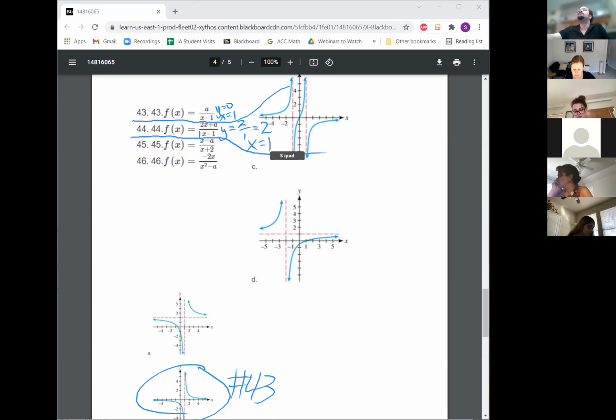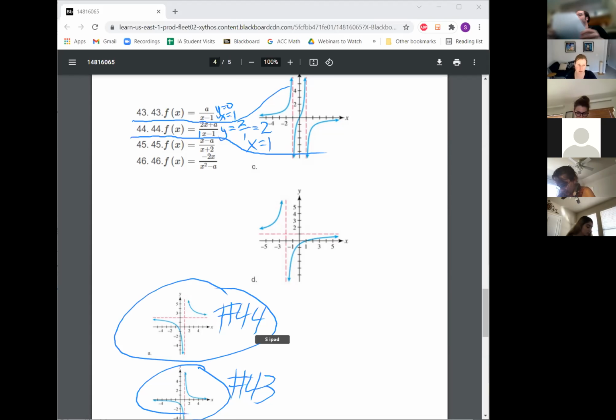All right, so which graph matches that? Which has a y of 2 and an x of 1 for the dashed lines. Sorry, they're scrunched because I have my screen split, so I'm scrolling to see them. Okay, would it be A? Yep, A. This one's 44.